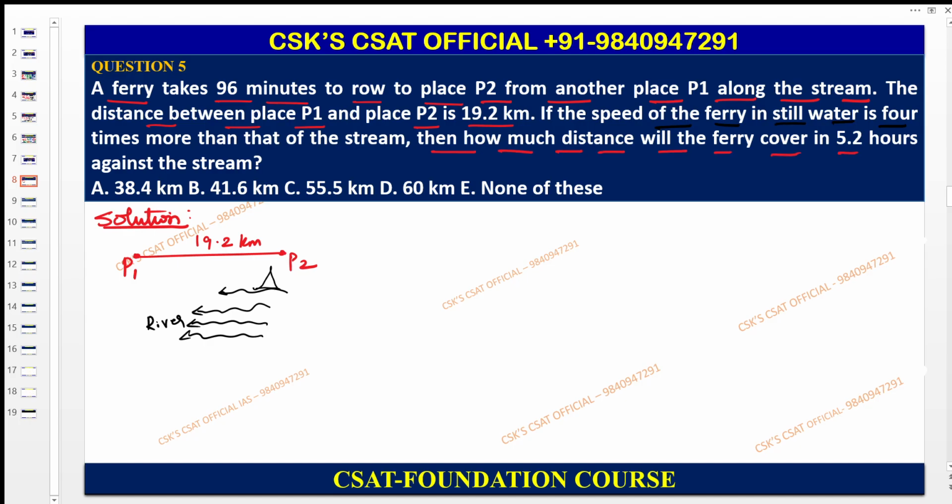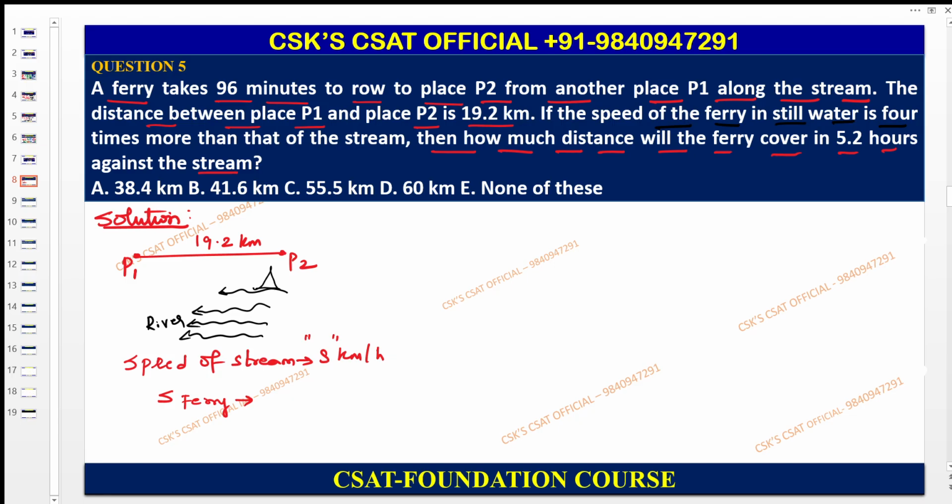But the question here is how much distance will the ferry cover in 5.2 hours against the stream. Against the stream means upstream. You don't know the speed of the stream, so you can take the speed of the stream as S kilometer per hour. Now easily we can find out the speed of the ferry.